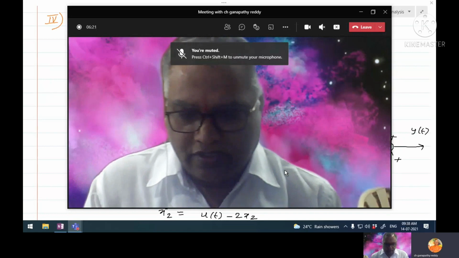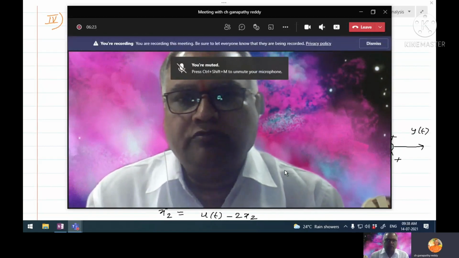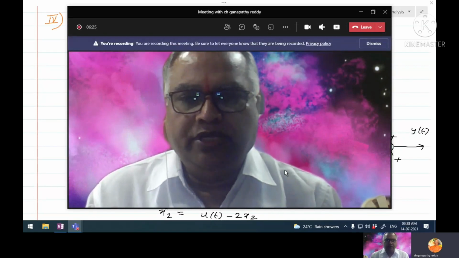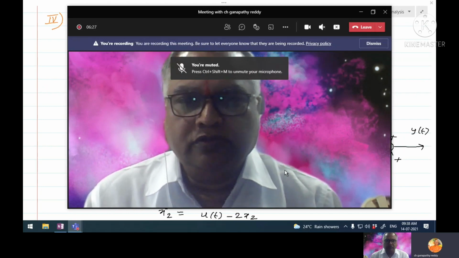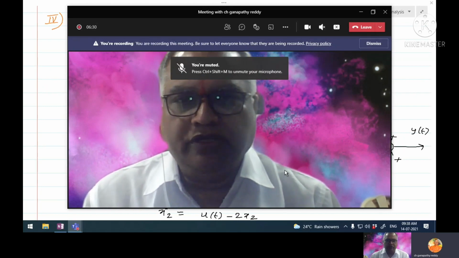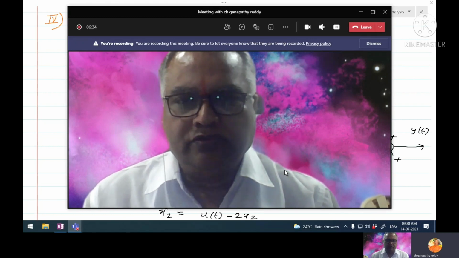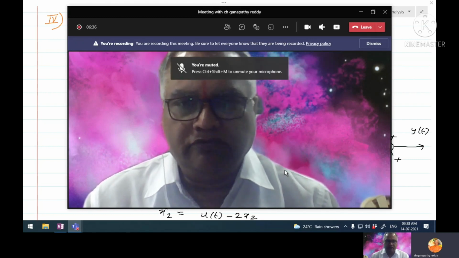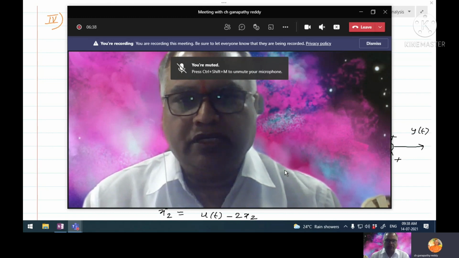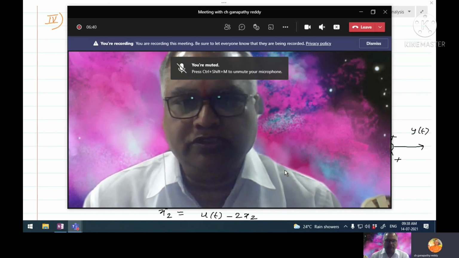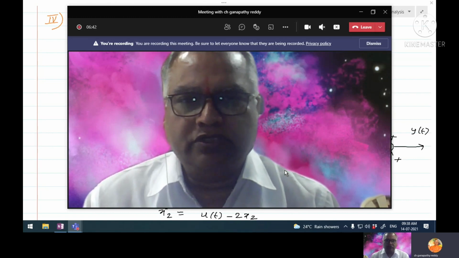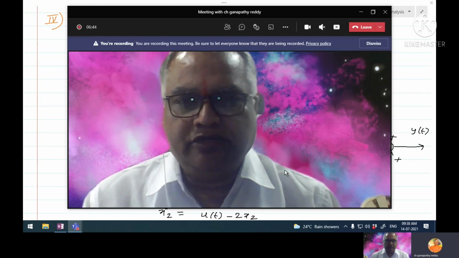Today we will discuss state space model. The meaning of state space model is when transfer function is given, how to get the state equation. As I told earlier, state equation is always represented in matrix form. There is a procedure to convert transfer function into state equation.